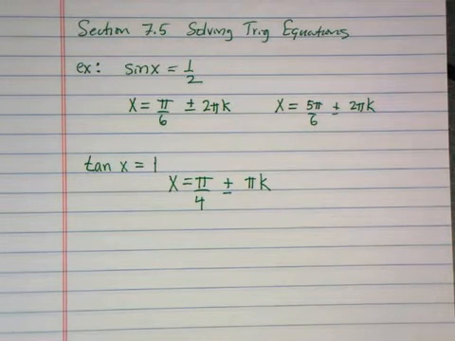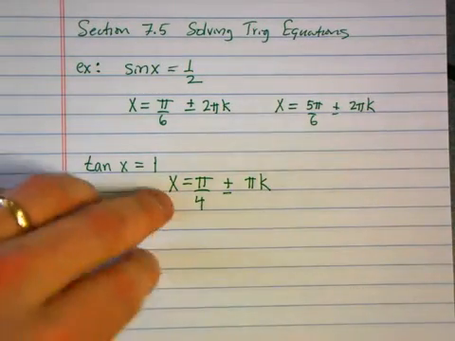If I add pi again, it's going to be one complete cycle and then over to pi over 4. So for sine and cosine, you always need to find 2 answers and then add 2 pi k. For tangent, you only ever need to find 1 answer and then add pi k. And it has everything to do with the periods. Questions on that?